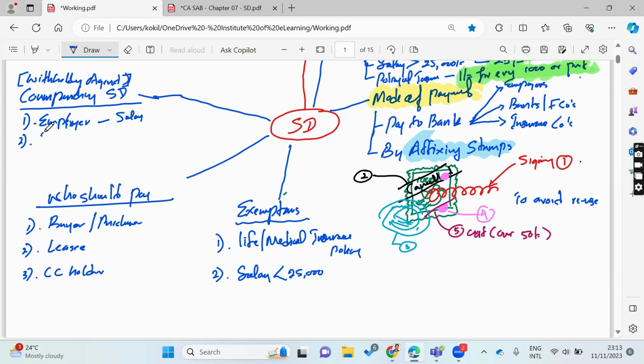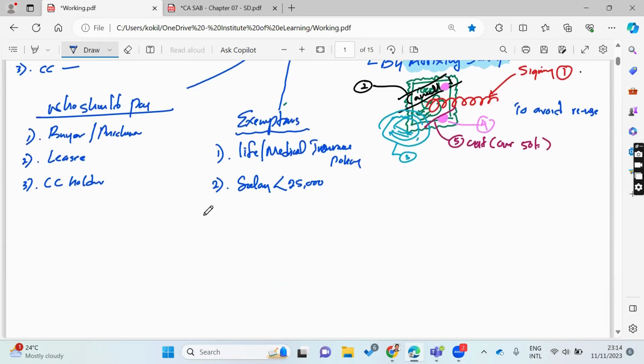If it is an insurance policy, the insurance company will deduct. If it is a credit card transaction, only foreign credit card transactions are liable.